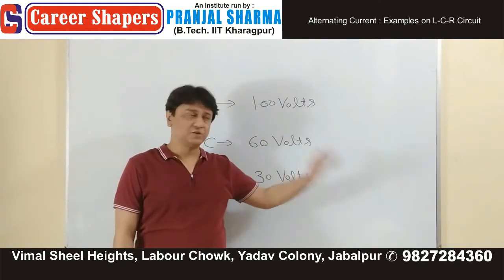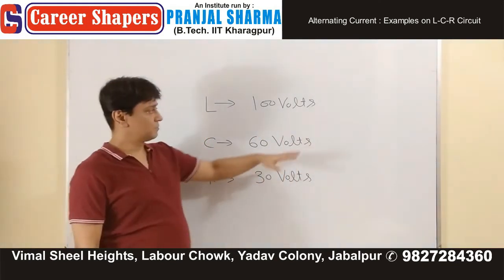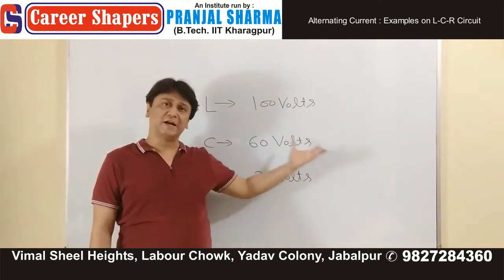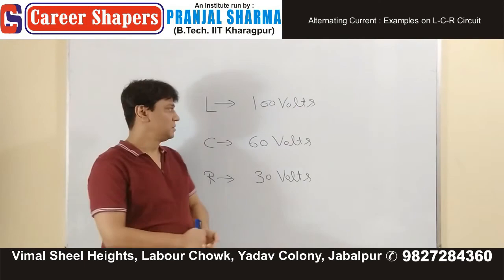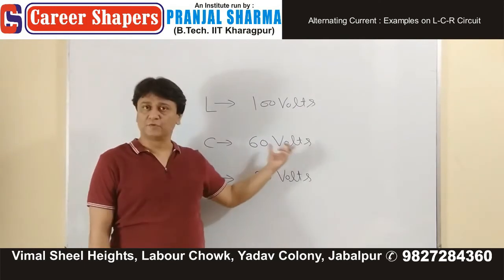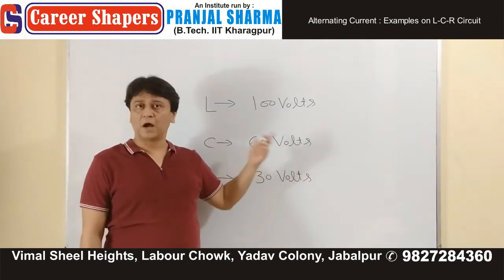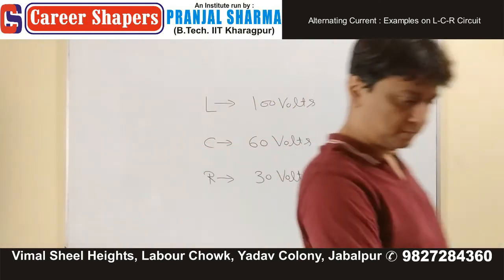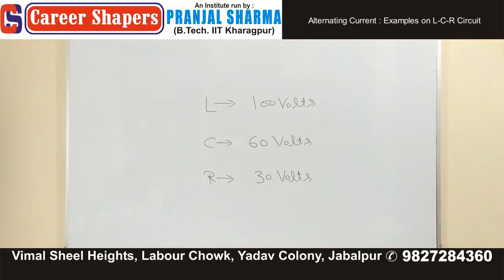But let me see your thinking level. Are these instantaneous values, average values, or RMS values? When I give you 100, 60, 30, what type of values are these?